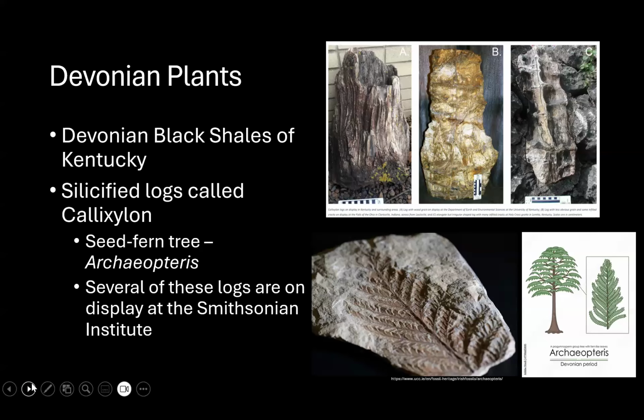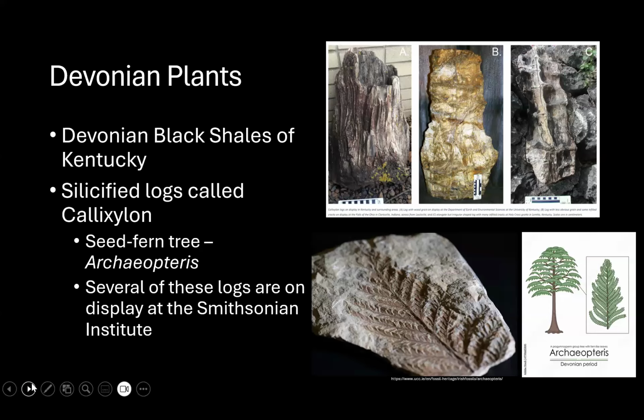I'm describing what you're going to see in different parts of Kentucky, because if you happen to see these pieces in a museum, or if you happen to go on some kind of hiking expedition, or see this in the natural history museums or at some of our state parks that have sections you can look at, these are the plants that you're more than likely going to see as fossils here.